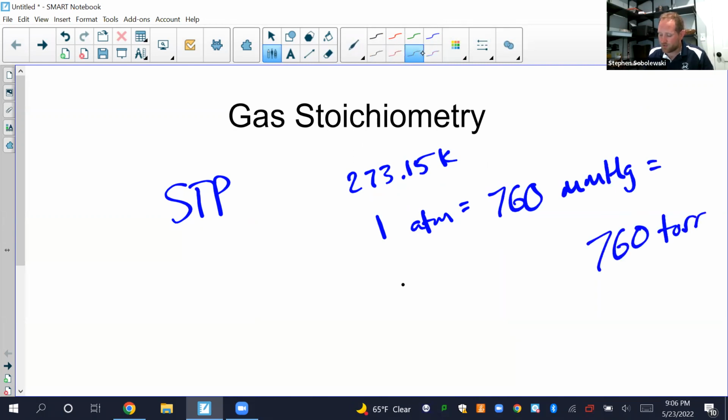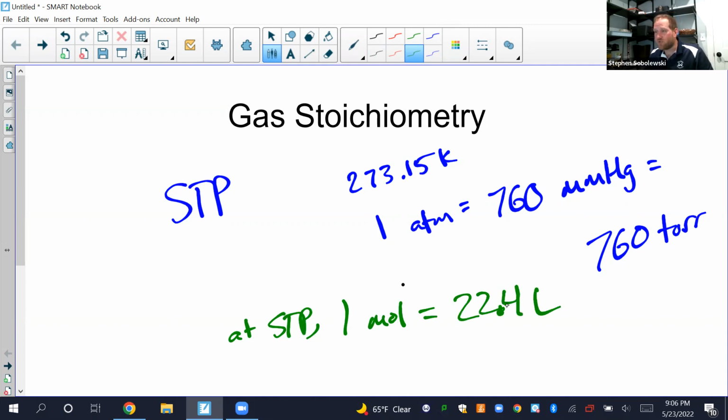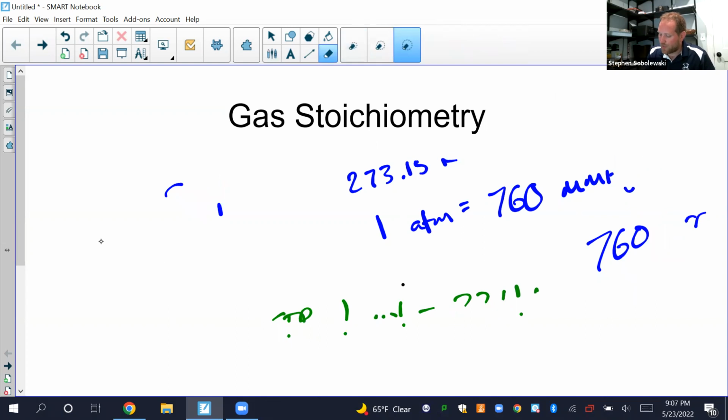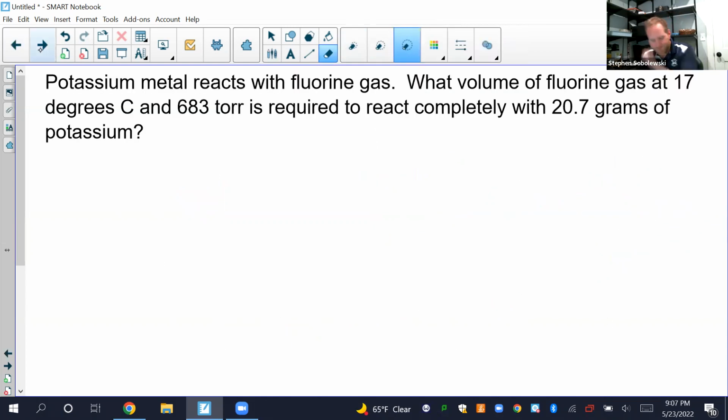Also don't forget that at STP, 1 mole of any gas equals 22.4 liters. That's something you can actually use as a conversion factor. I call it the STP shortcut if you want. All right, so without further ado, let's get to one of these problems.